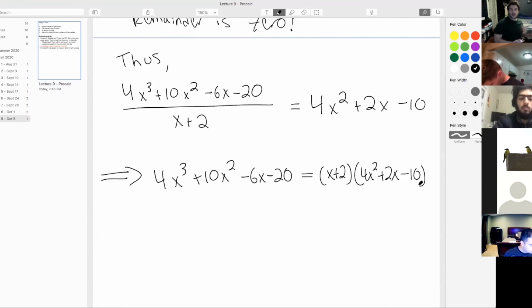So I hope everyone sees that we were able to factor this polynomial in the numerator as such.